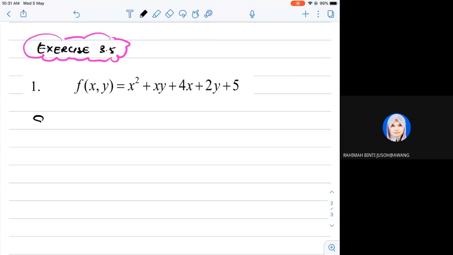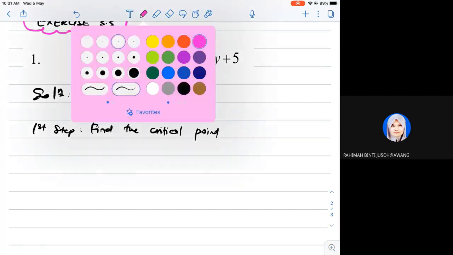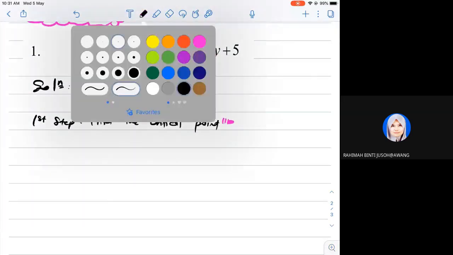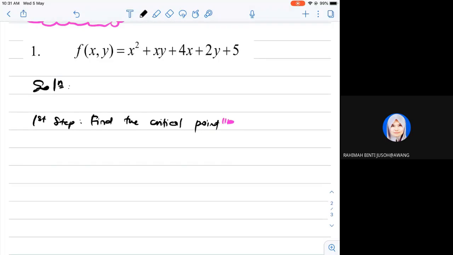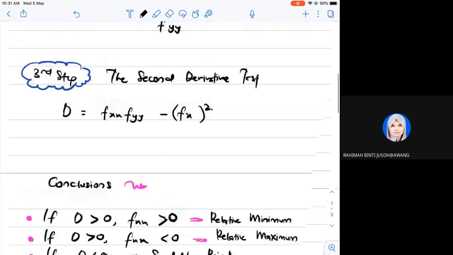Alright. Solution. Okay, step by step. First step, I'll guide you on the first step: find the critical point. We differentiate fx. Remember the first step, you have to find fx and equate it with 0.